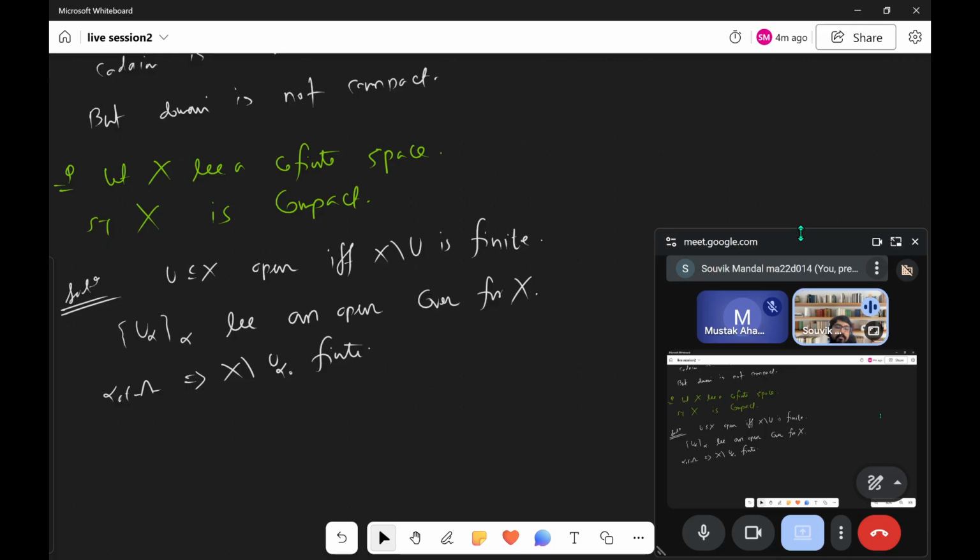So how to capture those elements with some open cover? Please do think and figure out.